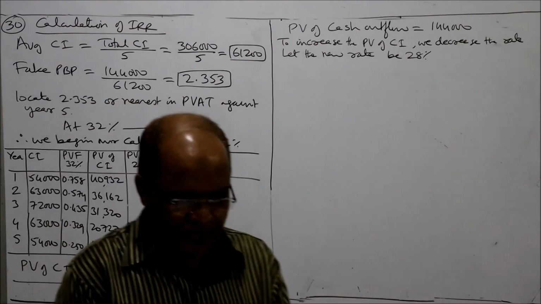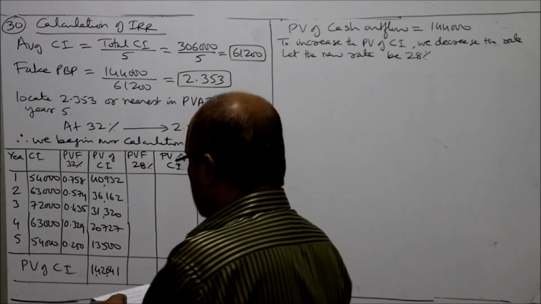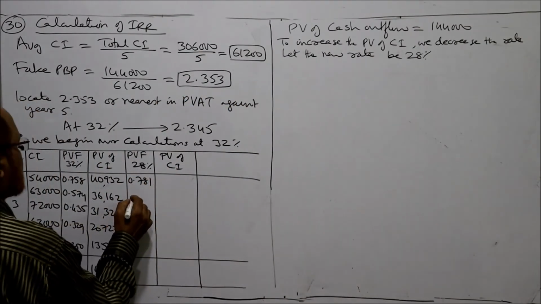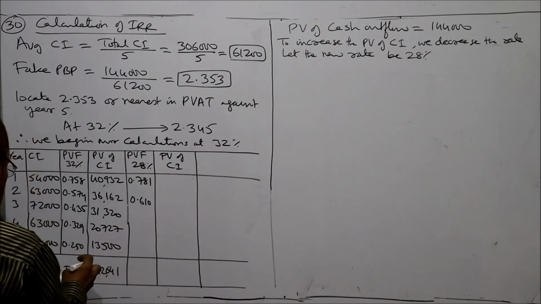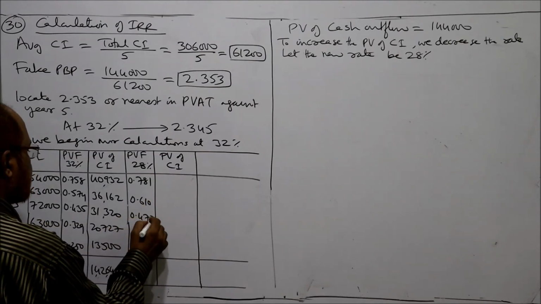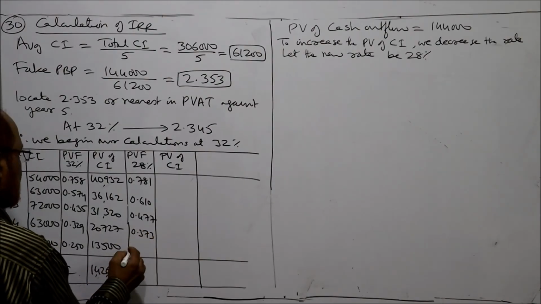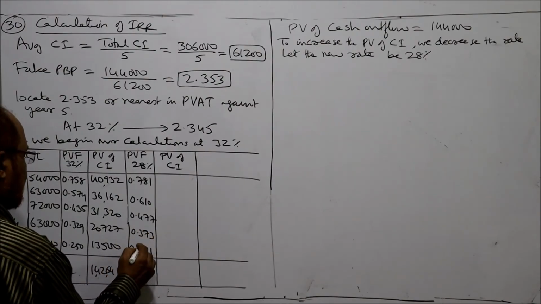At 28%, the PV factors are 0.781, 0.610, 0.477, 0.373, 0.291.